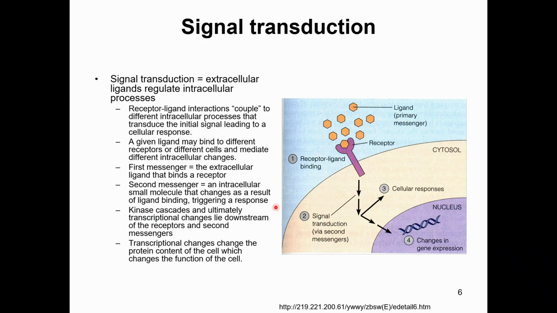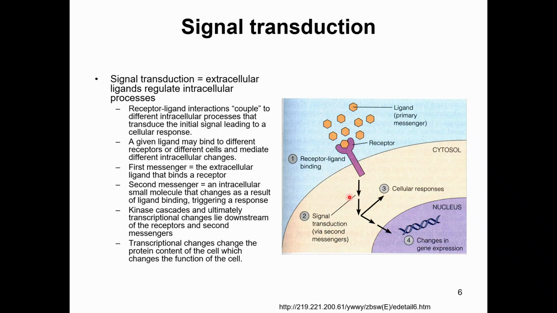Another thing that you'll see in the signaling cascades, signal transduction, is that kinase cascades oftentimes lie downstream of the second messenger. And so what is a kinase cascade? Well, a kinase is an enzyme that phosphorylates things, right?